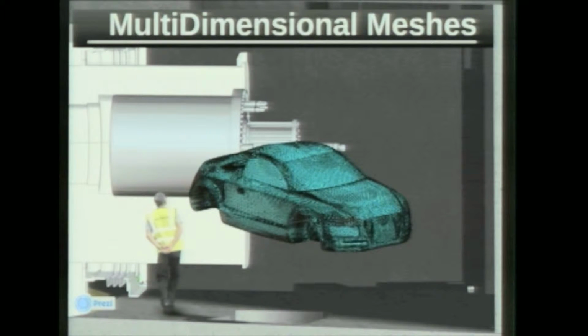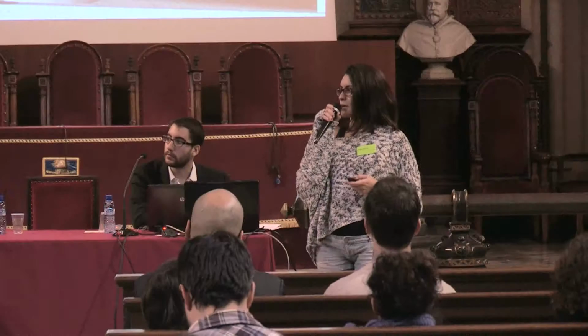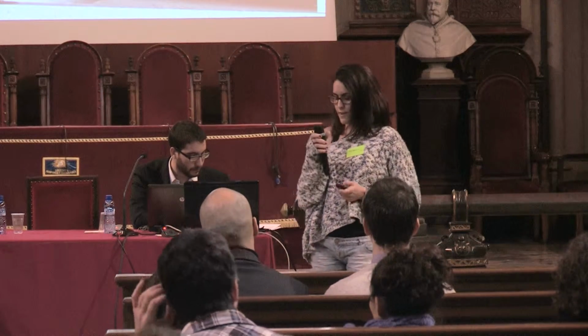To solve this kind of problems, we do not only need to compute the methods, but we also need to use parallelized codes, as the previous talks have presented. And actually, the meshing of this kind of geometries is a complete field by itself. So this is just to put you in the situation of what kind of methods we use, and my colleague Oriol is going to explain what we exactly focus our research on.